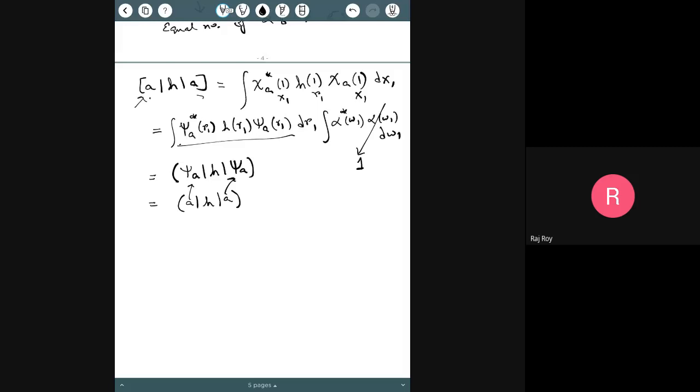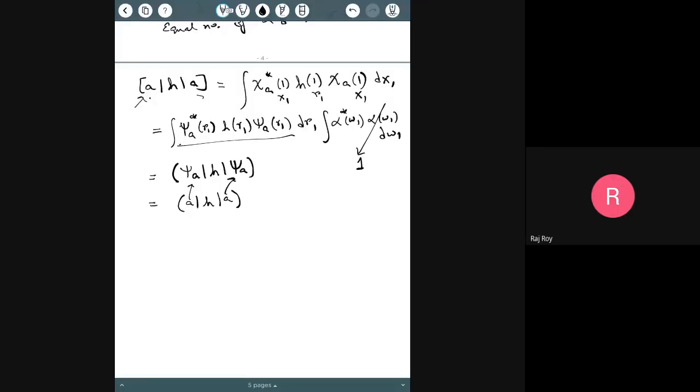Okay, anyway, we have achieved our goal actually. We've integrated out the spin coordinates. But why are we doing this? That is also a question. The thing is that since the spin coordinates have no actual existence, if you want to computationally evaluate a spin integral, you cannot do it.